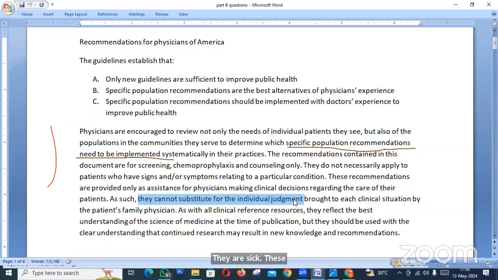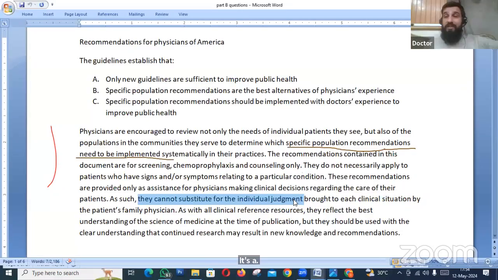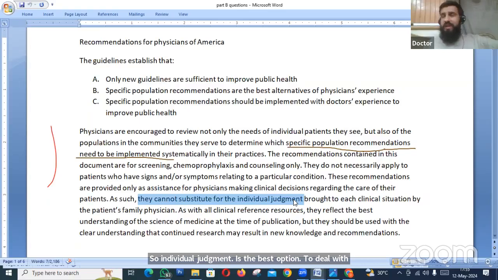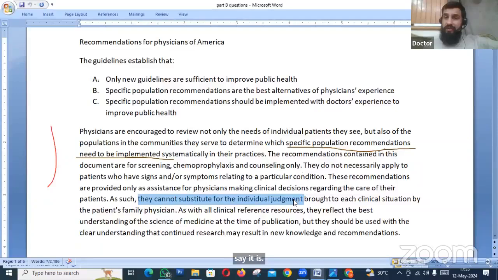So if I change the same sentence B into, individual judgment is the best option to deal with the public health, then you will say it is okay because individual judgment of a physician is better. And these guidelines, they cannot substitute the importance of individual judgment.